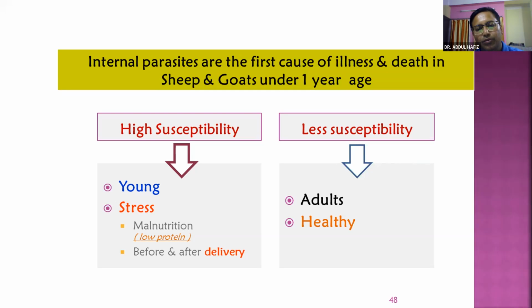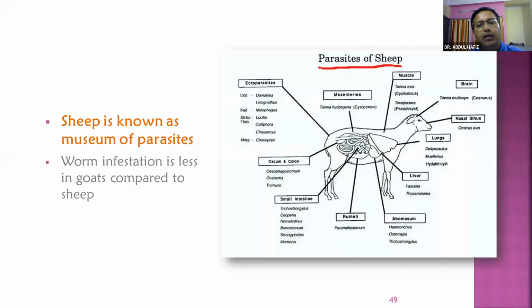We should know that healthy animals are the less susceptible hosts. Here, sheep is known as a museum of parasites. I have told that the northeastern region is the paradise of parasites. Likewise, sheep and goats are the museum of parasites. That means sheep and goats are the most susceptible animals among livestock.